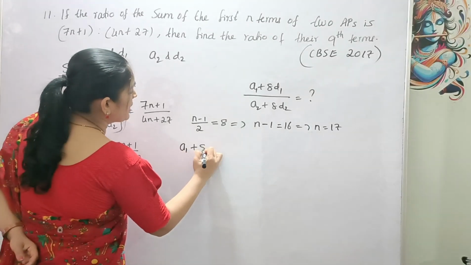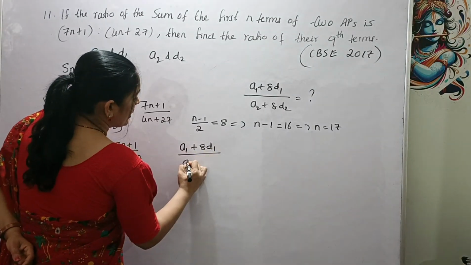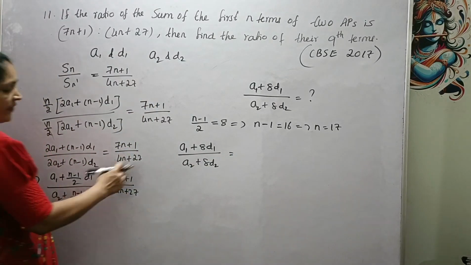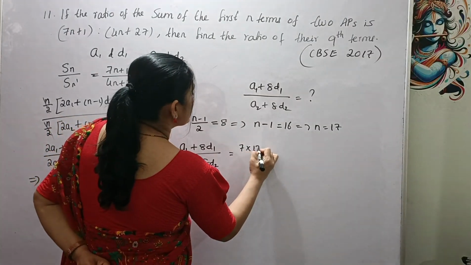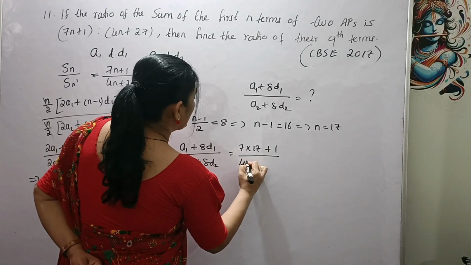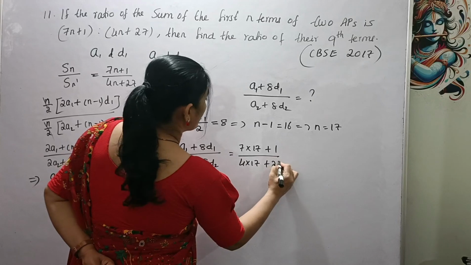So a1 plus 8d1 divided by a2 plus 8d2 is equal to, substituting n equal to 17, 7 into 17 plus 1 divided by 4 into 17 plus 27.